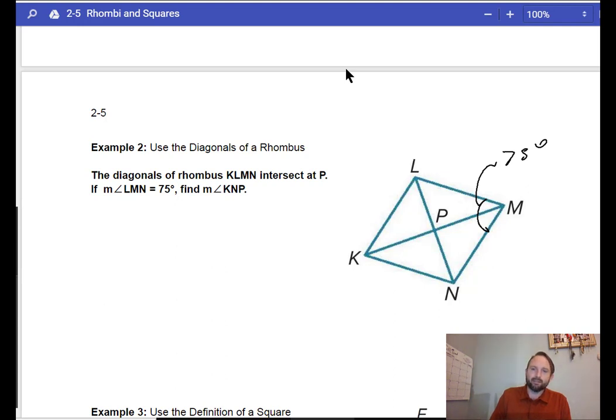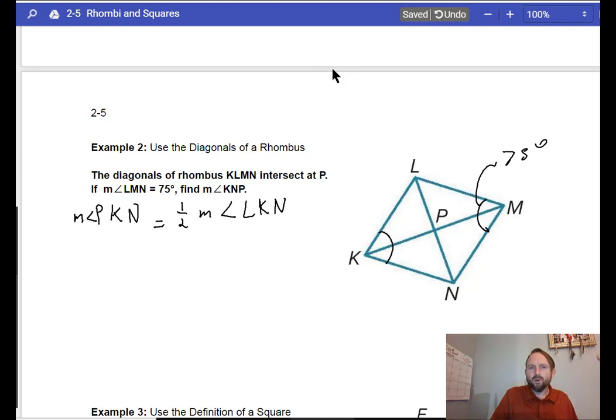So if this is 75 degrees, then this is 75 degrees. But for LKP, I could say PKN is equal to something. I know that the measure of PKN would be half of LKN.